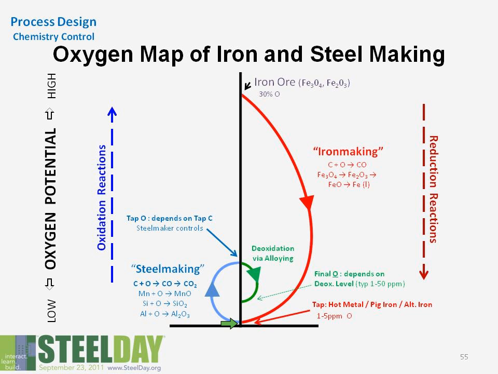So in steel making, we go through some reoxidation procedures where we reduce the carbon. We also reduce some other desirable elements such as manganese, silicon, and aluminum till we get to a desired tap carbon. And then after that, we've introduced oxygen back into the steel. We have to go through some deoxidation.